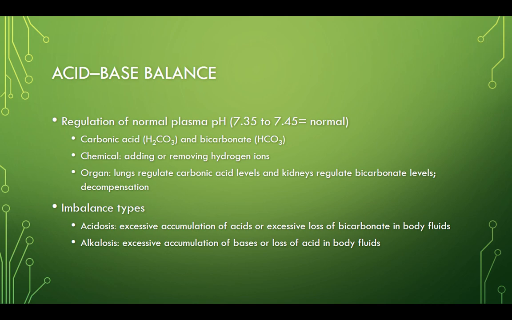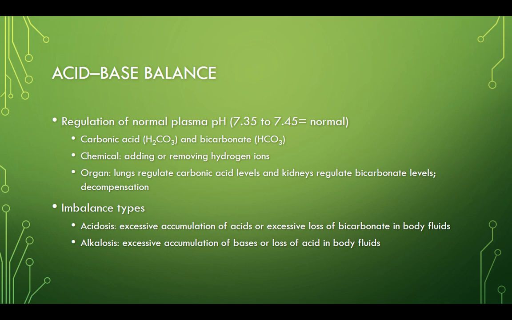Regulation of acid-base balance. Acid-base balance is what your blood plasma has. Your pH is 7.35 to 7.45. That equals a normal pH value for your blood.